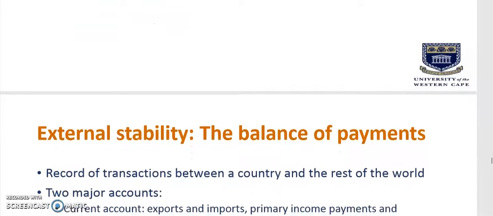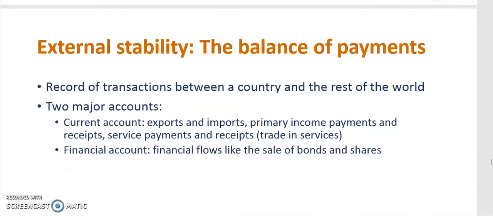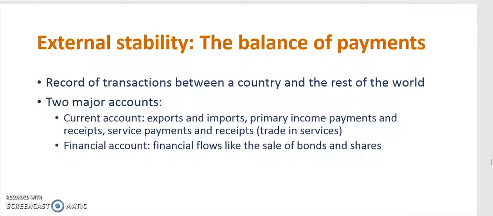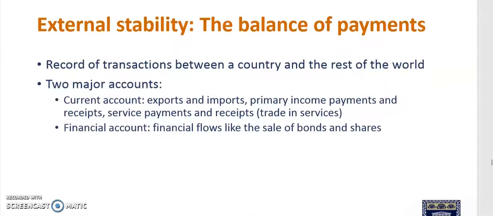External stability, the balance of payments. The balance of payments is the record of transactions between a country and the rest of the world. There are two major accounts in the balance of payments, the current account and the financial account. The current account consists of exports and imports, primary income payments and receipts, and service payments and receipts, that is the trade in services, whereas the financial account consists of financial flows like the sale of bonds and shares.